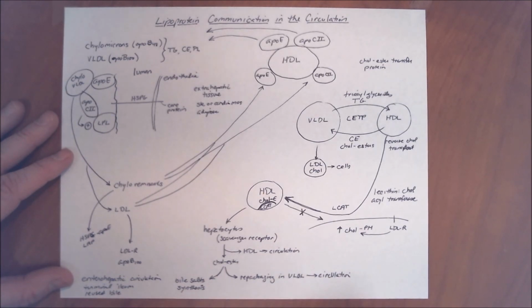Recall that approximately 95% of the bile salts are recirculated. So this will maintain our bile salt pool and prevent any excess cholesterol from entering the bile salt synthesis pathway, thus conserving our cholesterol.